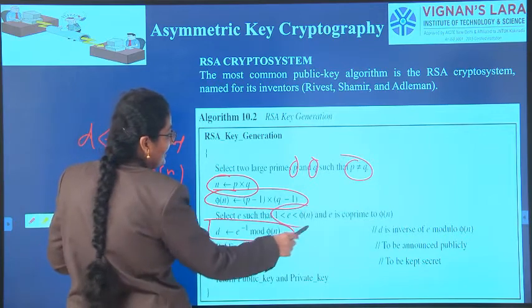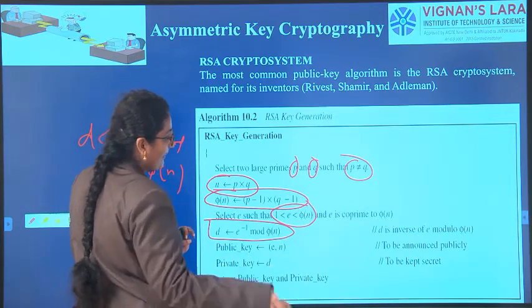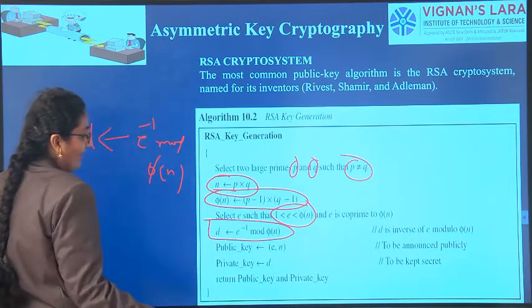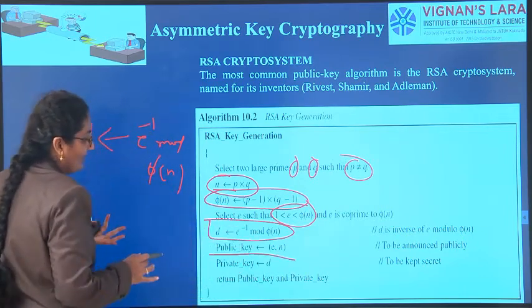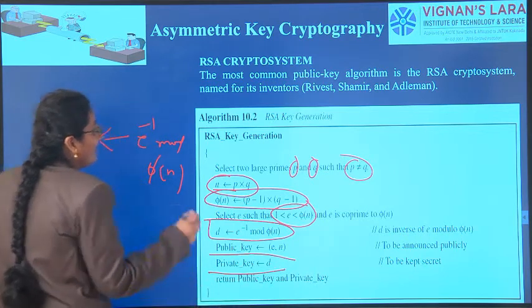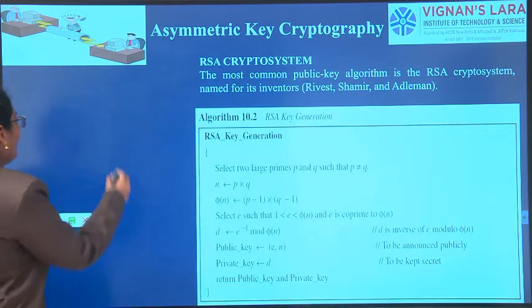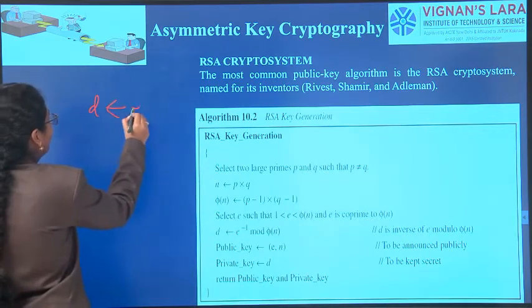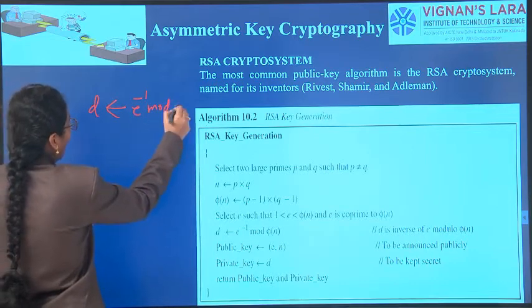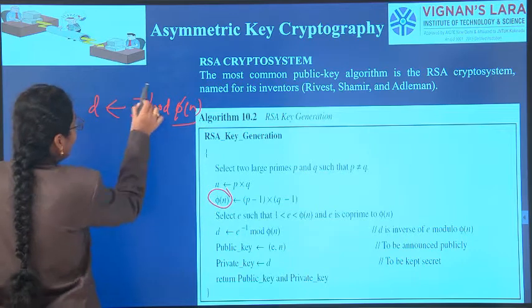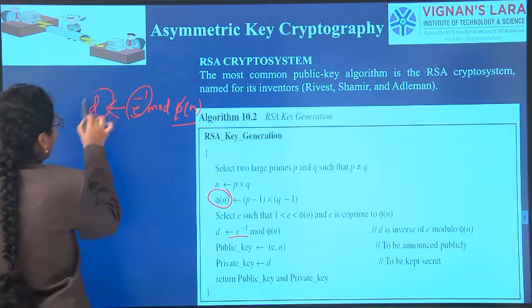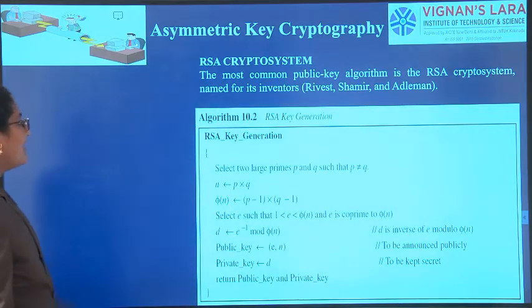We have selected E such that 1 less than E less than phi of N. Now we have all the values. The public key is E comma N. The private key is D, calculated by D equals E inverse mod phi of N. You know the phi of N value and E inverse, so you calculate D. This is the RSA algorithm.